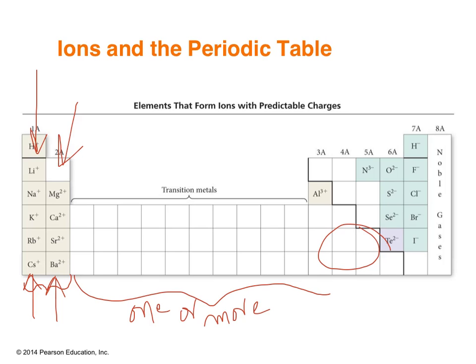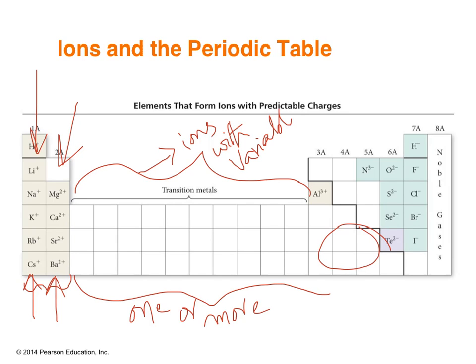So these elements, transition metals, they form ions with varied or variable charges. Okay, they use another term called multiple oxidation states, but we won't talk about that right now.